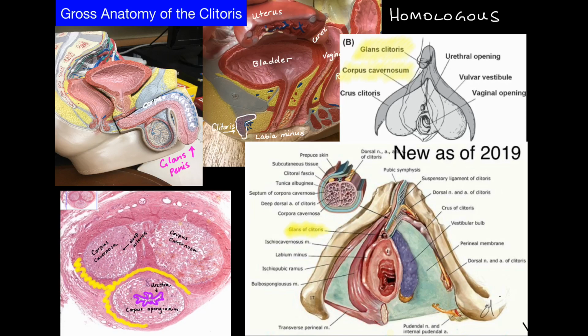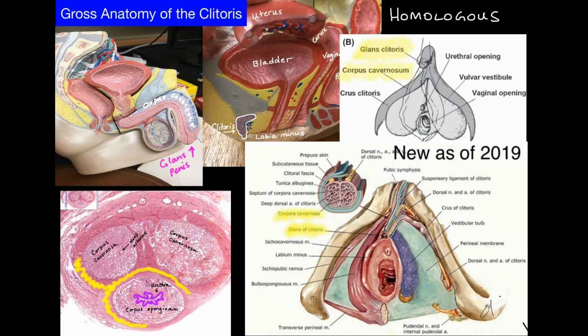So I'm just pointing out, here's that glans part, the head of the clitoris. You could see in the drawing, just not as defined in this image. But here we can see the corpus cavernosa. So similar to the penis, these tubes are erectile structures. So they expand when they are filled with blood.